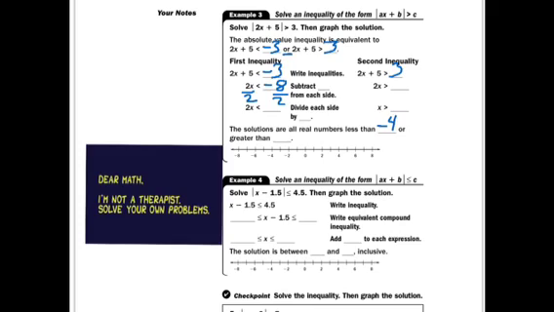On the right side, I get 2x is greater than -2 because I subtracted that 5, and then when I divided by 2, I got greater than -1. So I know I have two things. I got -1 with an open circle. I have -4 with an open circle. It's greater than -1, so it's going this way, and it's less than -4, so it's going this way.